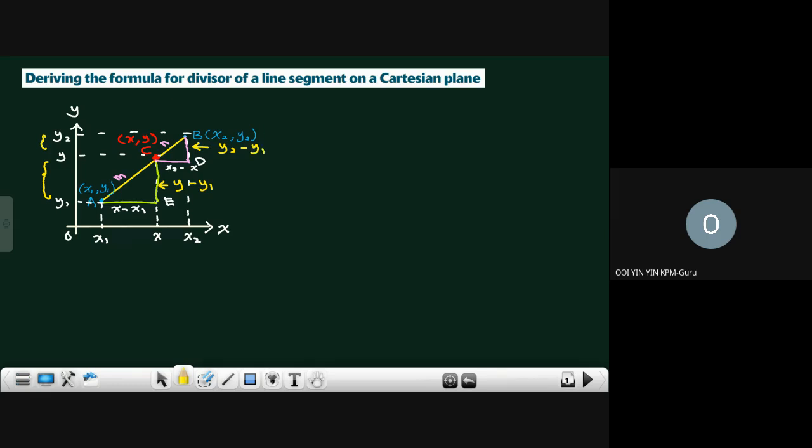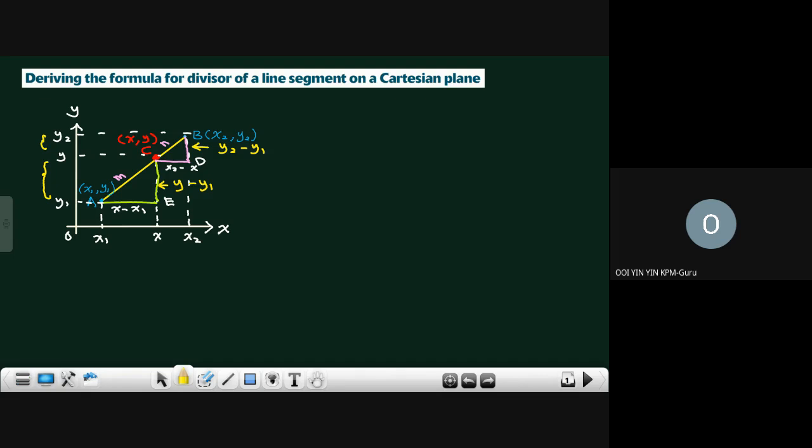So the length and the width for your triangle: the line here AE, and the height CE, also the line here CD, and the height BD. Then as I told you before, because they are on the same line, they have the same gradients.